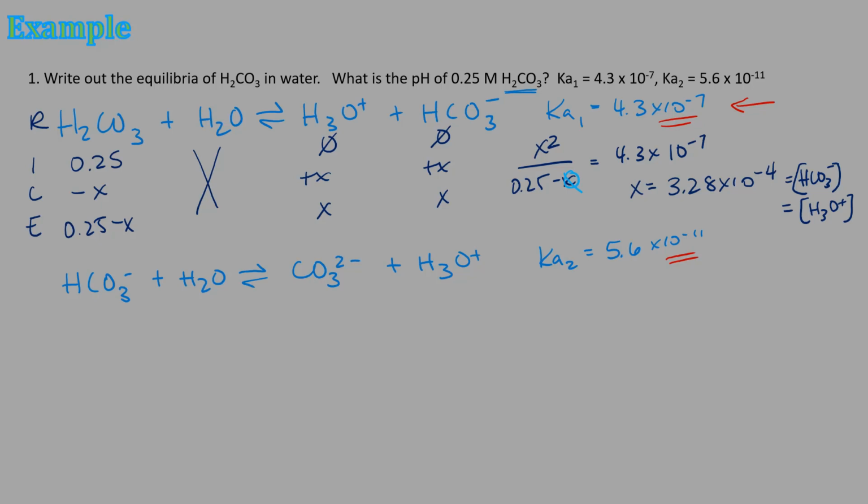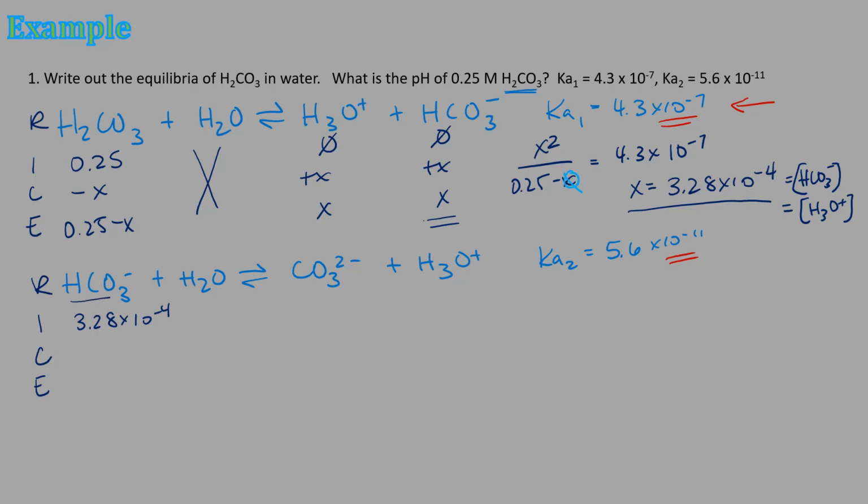I could take the negative log of this x right now and find the pH, but I'm going to show you why that works. In the next dissociation, I also have to do a RICE table because it's a weak acid. It's even weaker than the one before. I'm only starting out with 3.28 times 10 to the negative 4th because my only source is right here. We didn't put 0.25 molar of this in the solution.